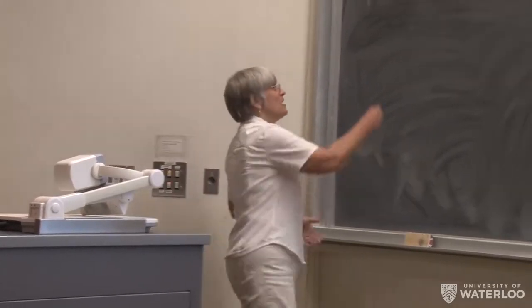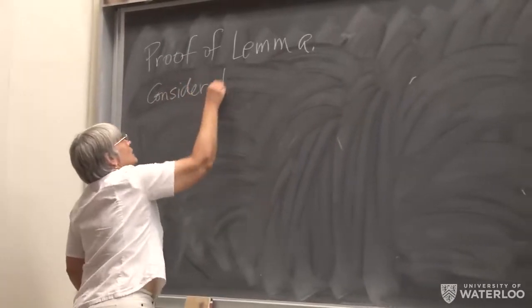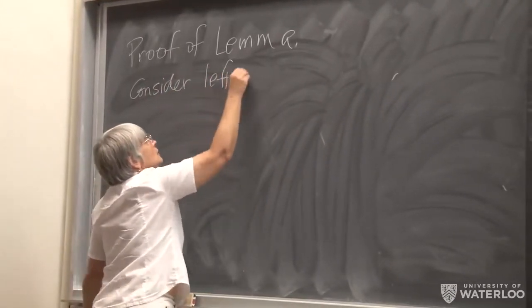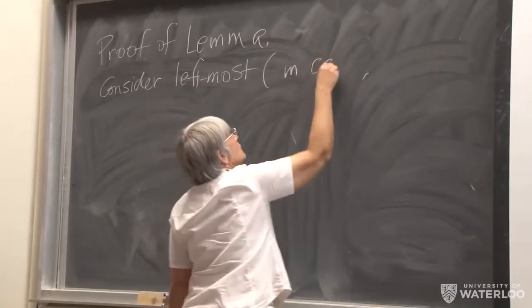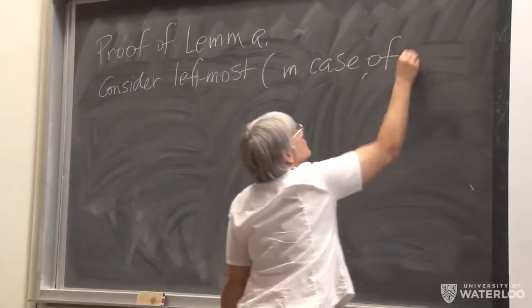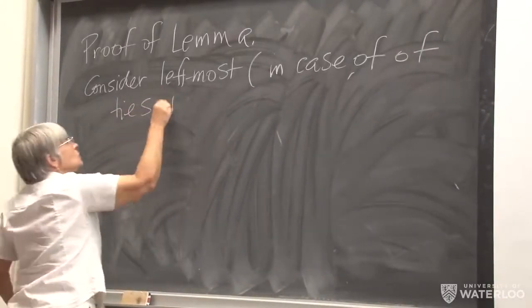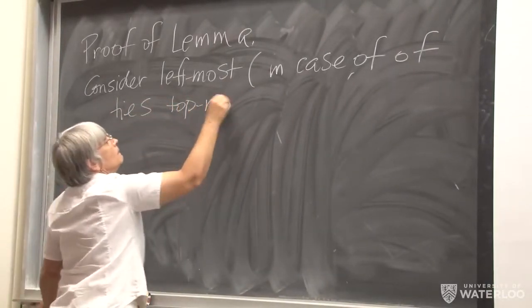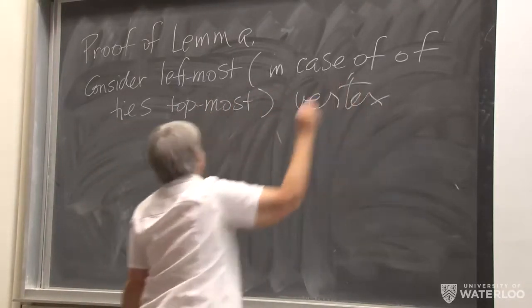Well, we're going to sort of escape from that by, say, consider the leftmost, and in the case of ties, topmost vertex of our polygon.